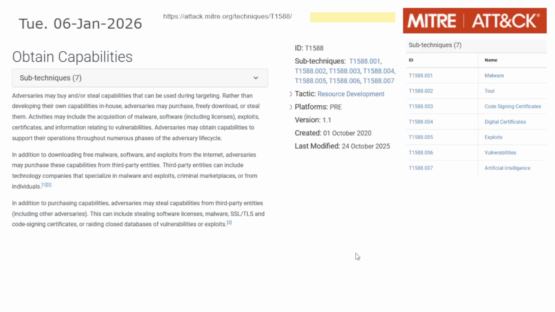I think this has been added recently, since we live in times where AI is very popular, and adversaries are indeed using artificial intelligence to facilitate their attacks, to be more efficient at what they do.